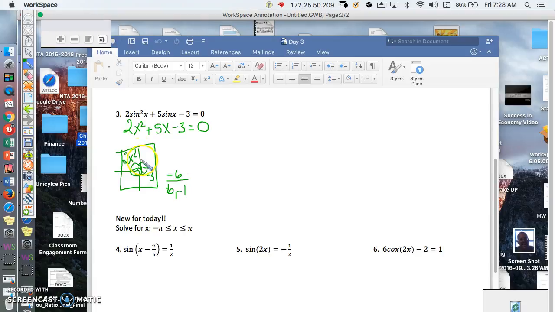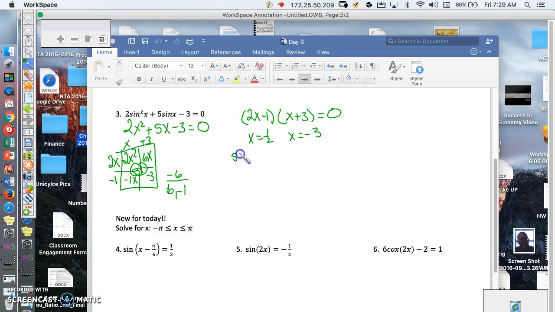So 6 and negative 1. So we have 2x and x minus 1 plus 3. So we have 2x minus 1 and x plus 3 equals 0. So what is this? This is x is half and x is negative 3. Let me just double check that. 2x squared plus 6x. Yep, that looks good.